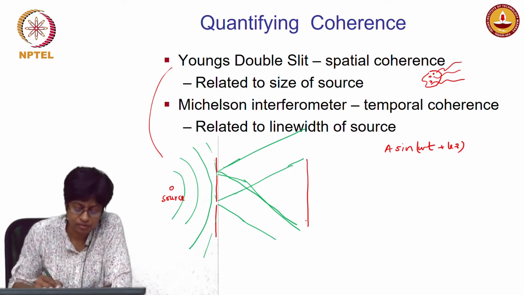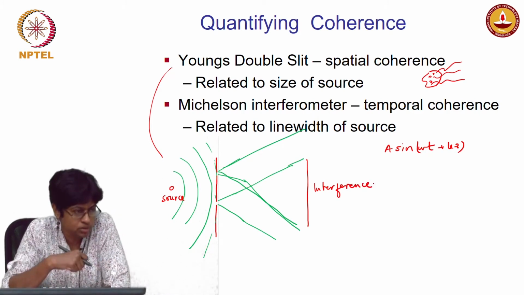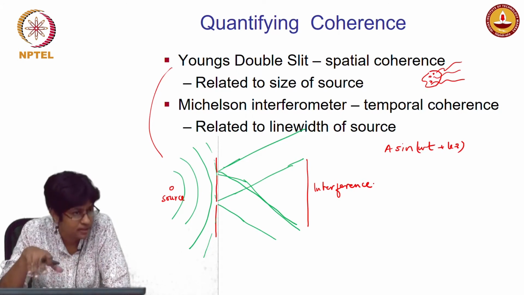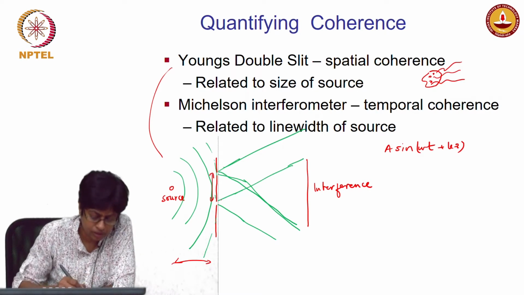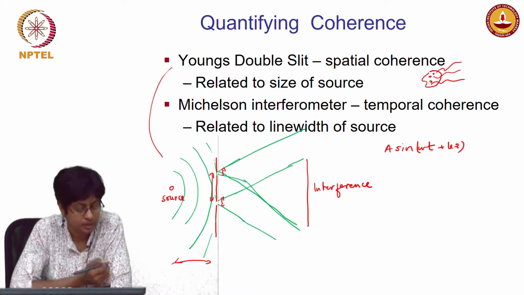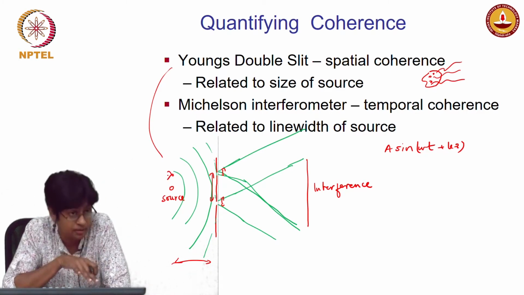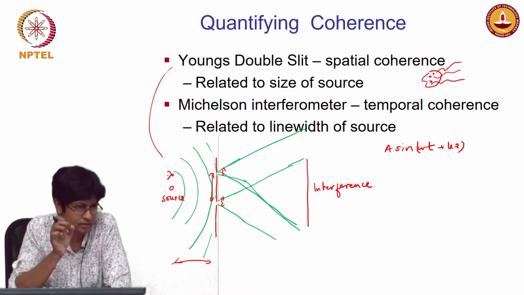And now the interference you observe in this region can be used to analyze the spatial coherence quality of this source, right? Of course, it depends on various things. It will depend on this distance, this gap, the width of these slits, and the wavelength, and I say lambda, but of course, whenever we say lambda of a source, it does not mean that the source has only one wavelength.